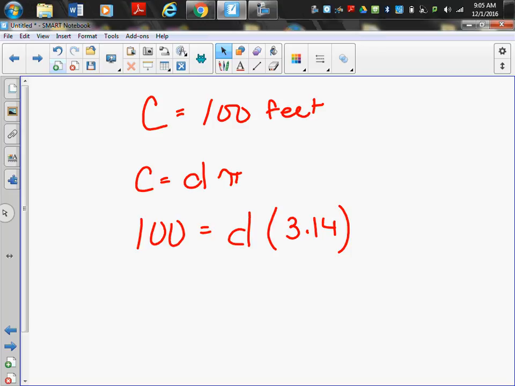Ms. Jones, what do you think? Divide by what? 100 divided by 3.14. So I'm going to divide both sides of my equation by 3.14, because that's what is on the side with d.